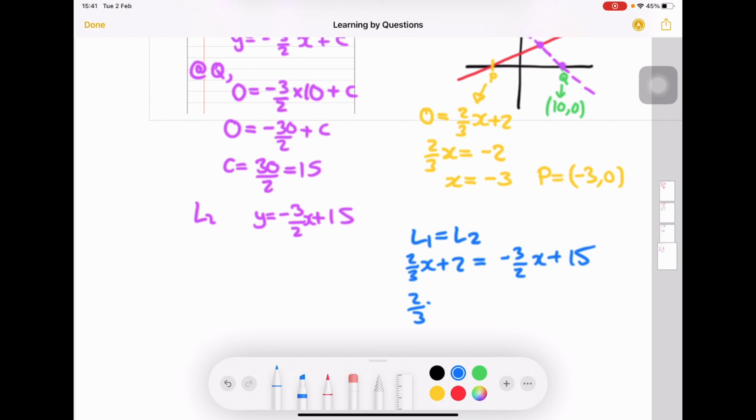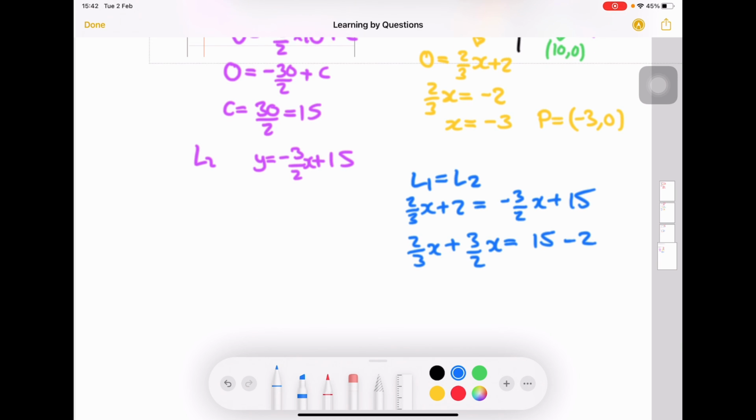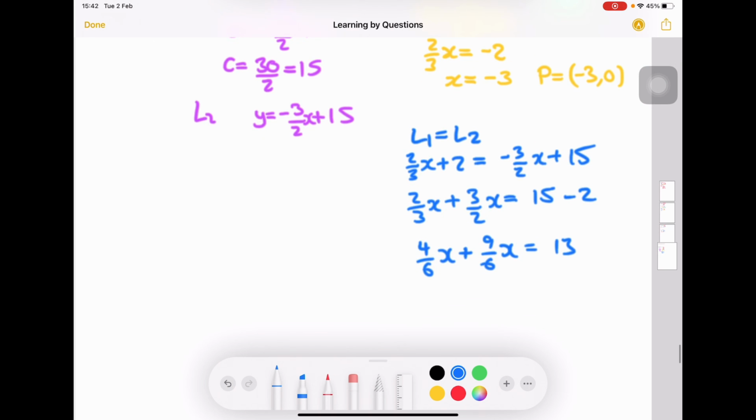So that's 2 over 3x plus 3 over 2x equals 15, take away 2. 13 over 6, x equals 13.